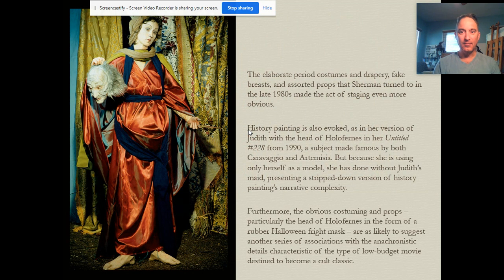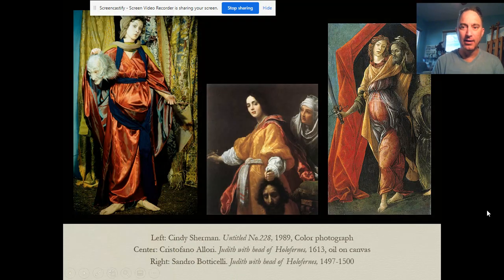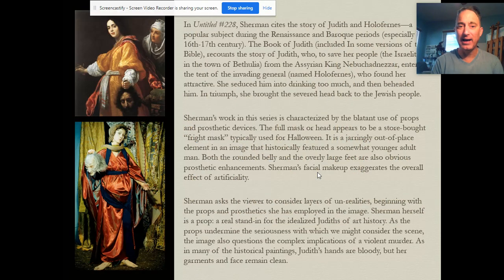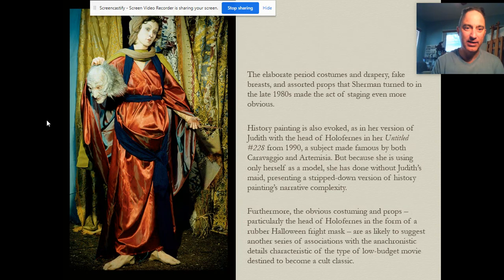With this image here, she again is referencing other artists, specifically Sandro Botticelli and Cristofano Allori, and this female heroine in art. And you'll notice that she is posed here, dressed up.